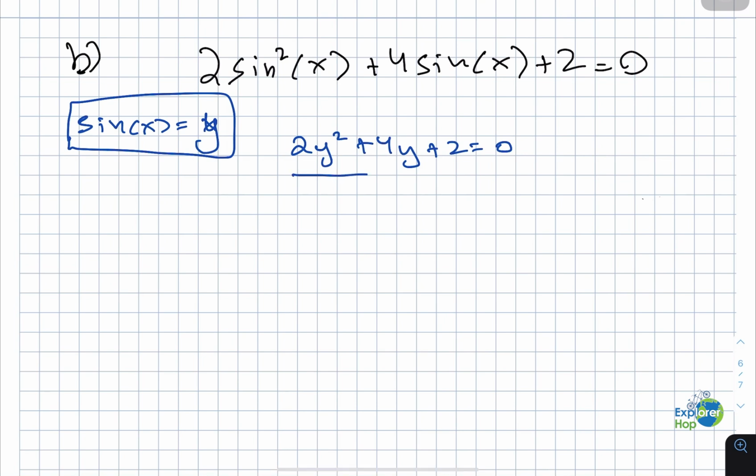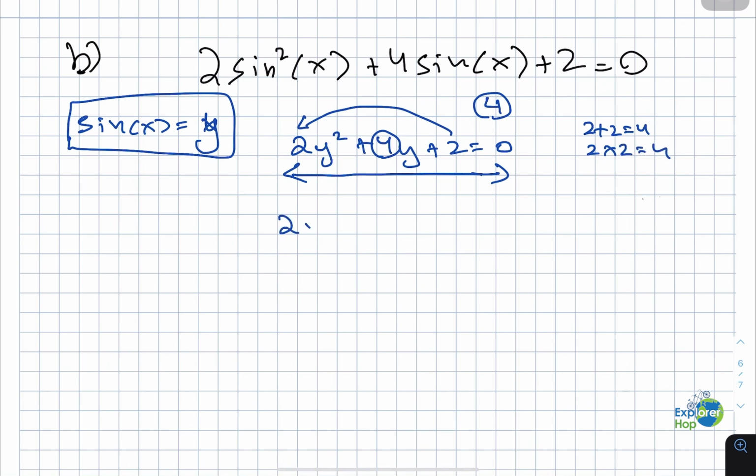Then we can solve this how we usually solve any quadratic equation. We know 2 times 2 will give us 4. So we need to figure out two numbers that add up to 4 but also multiply to 4. So 2 plus 2 equals 4, and 2 times 2 equals 4.